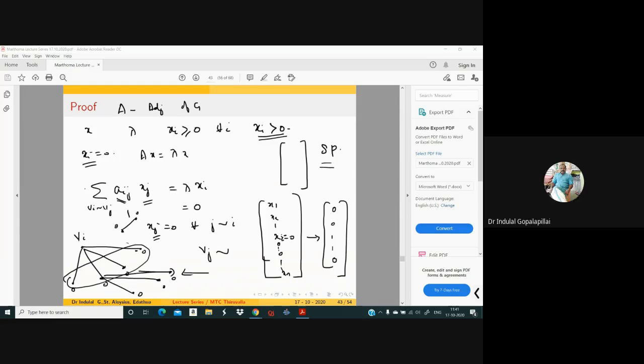So this cannot happen in a cyclic way, like 0, 0, 0, etc., and this 0 repeats, because when we take a vertex from these, the vertices adjacent to that vertex also lie here only, and there are non-zero entries elsewhere. That cannot happen, because if that happens, the graph will be disconnected.